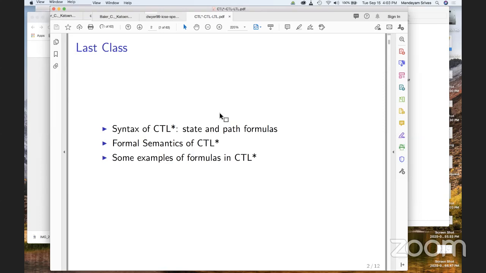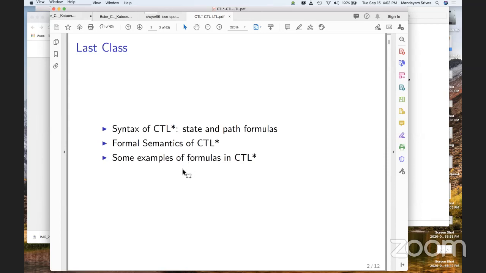Yes. So in the last class, we saw the syntax of CTL star. We saw the distinction between state formulas and path formulas. CTL star was constructed as a state formula which had embedded path formulas. And we defined the formal semantics of CTL star.